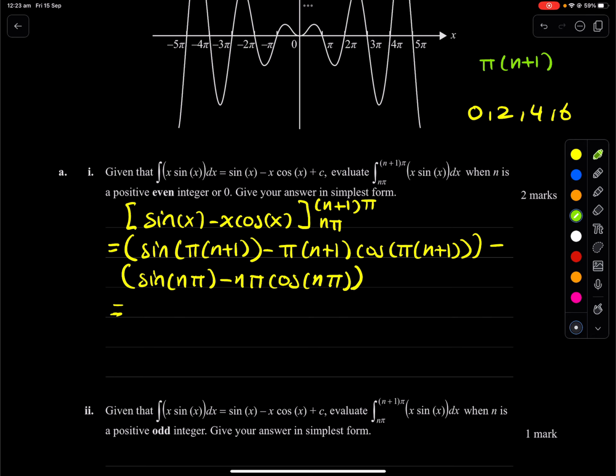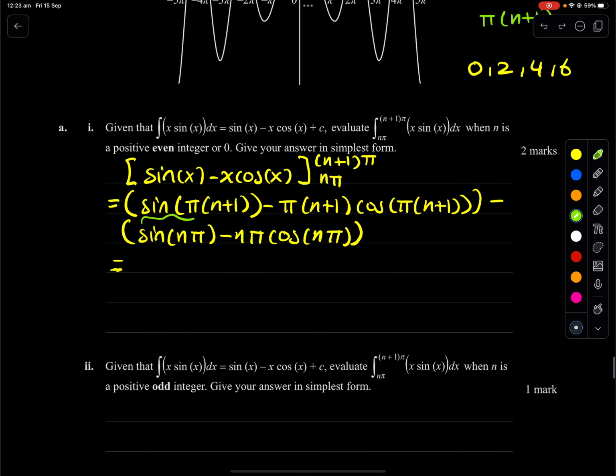If we sub in 0 to n, it'll just be pi. So look at the sine. If we sub in 0, it's sin pi, which is 0. What about if we sub in 2? So 3 pi, which is still 0. So this one is always 0, and we can just put 0 there. We can just finish it off with minus pi(n+1).